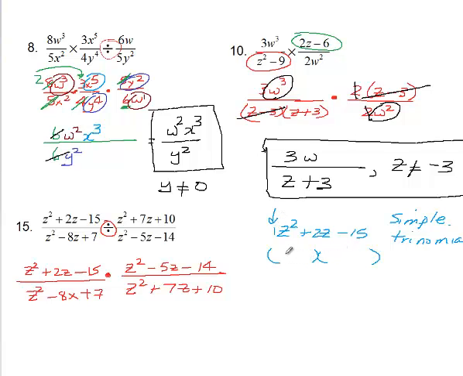So we need a product of negative 15 and a sum of positive 2. And this is going to factor to z plus 5, z minus 3. That way our product remains negative 15, P for product, and the sum is, of course, positive 2. So those numbers are positive 5 and negative 3.